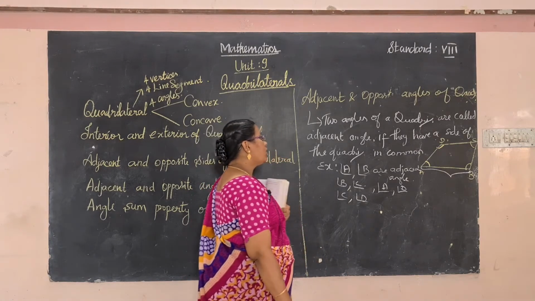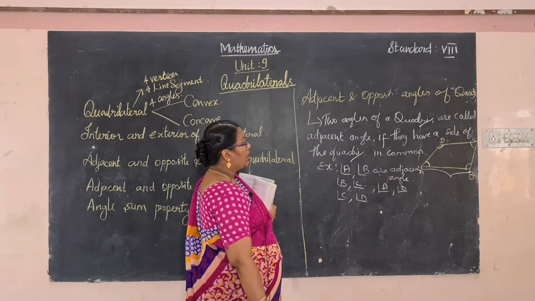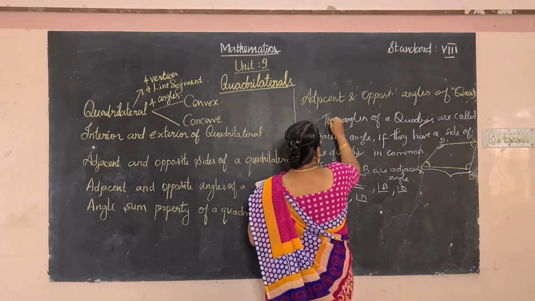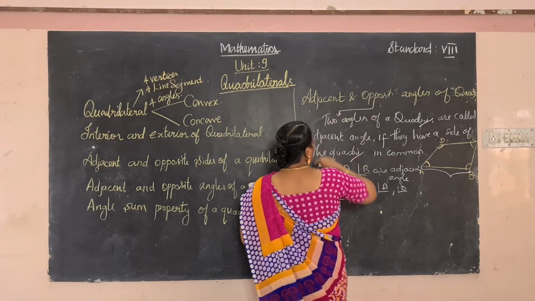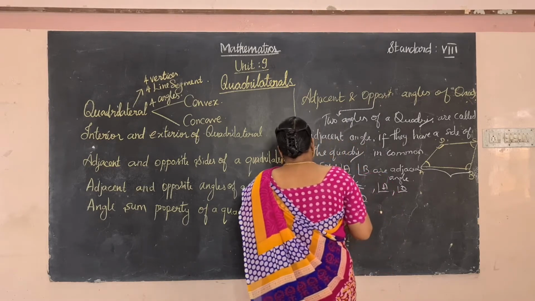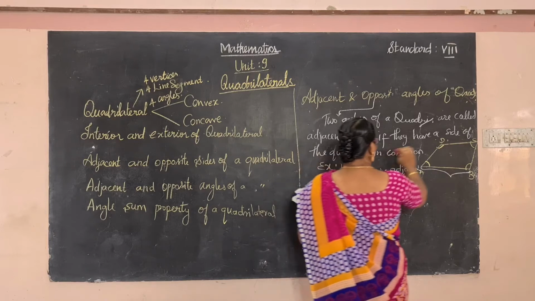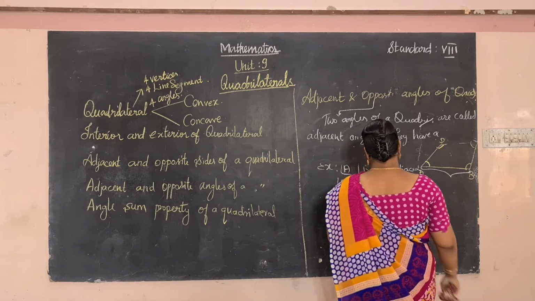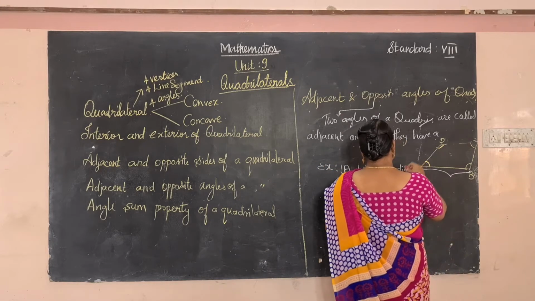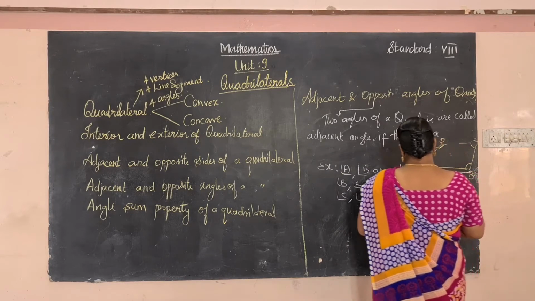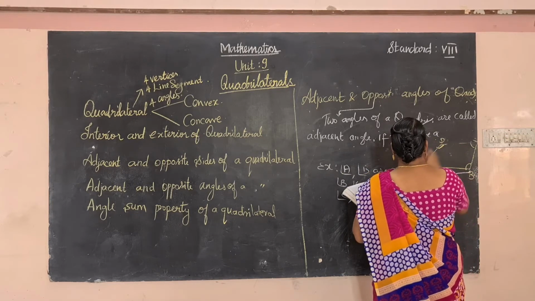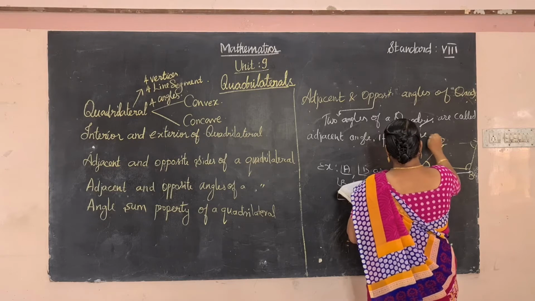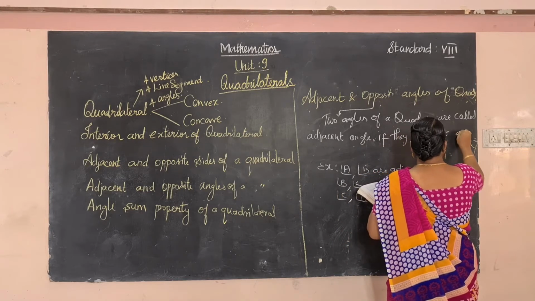So two angles of the quadrilateral are called the opposite angles if they are not adjacent.